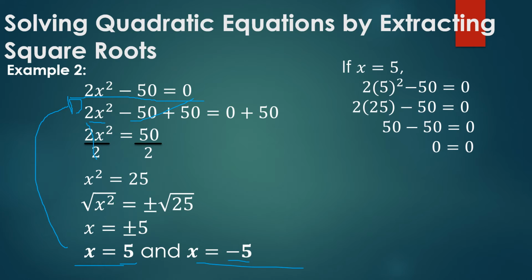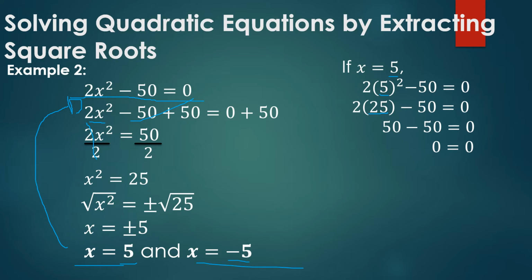So, if x is equal to 5, by substitution, we are going to substitute 5 into x, and then we have 2 multiplied by 5 raised to 2 minus 50 is equal to 0. Now, 5 quantity square is equal to 25.